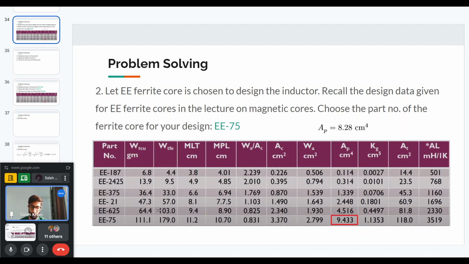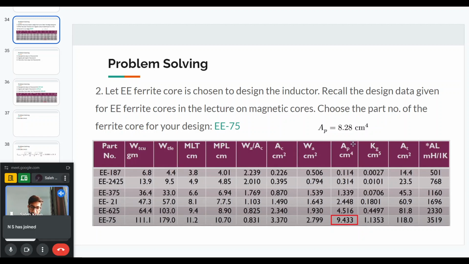So you can just see the lectures and you can pause at the relevant portion. This is the data that was given. So we have to choose a core whose area product is equal to or slightly higher than this value that we got from solving the first problem.